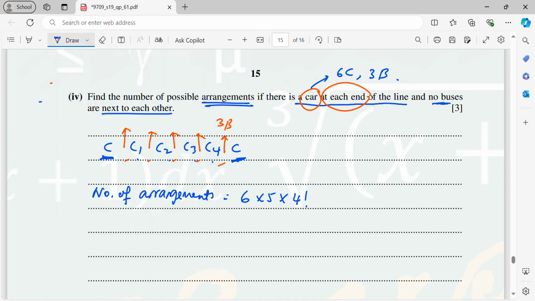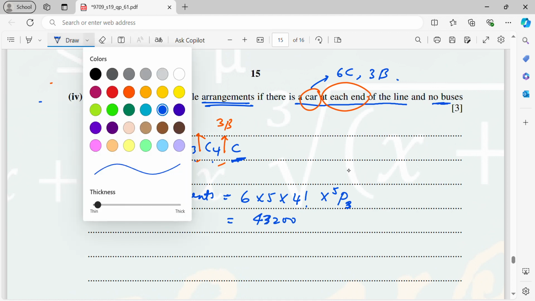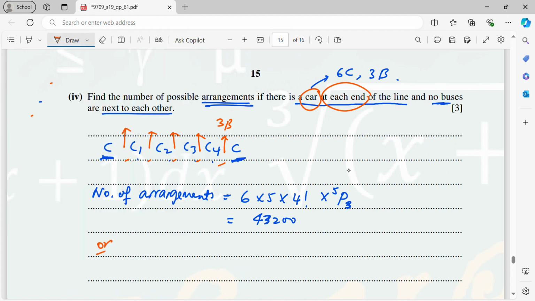Therefore I will write 5. Now I need 3 slots, but since all the buses are different, you have to use P. 5P3, because after you have chosen 3 slots, you have to arrange the 3 buses. That means now you will be getting 43200. So you can use this method, or we have another method to solve this question.